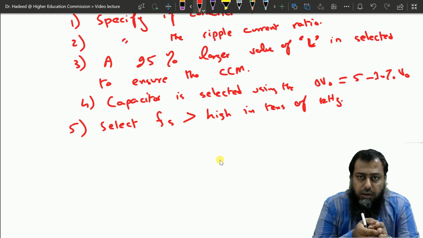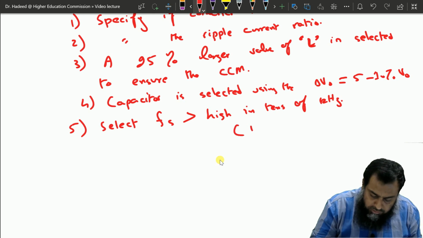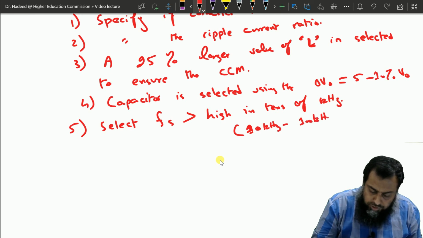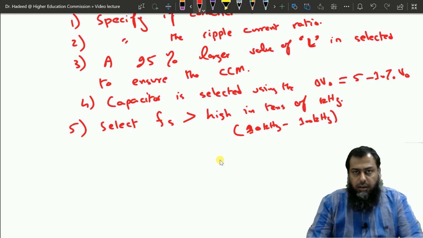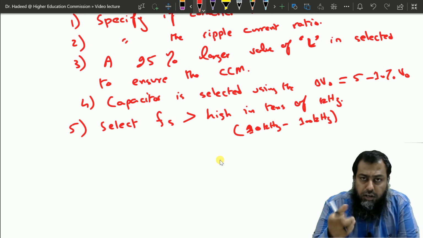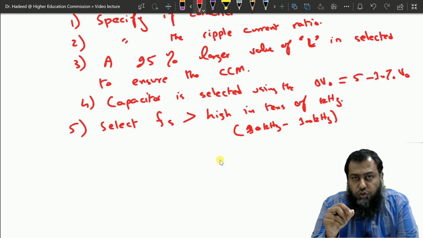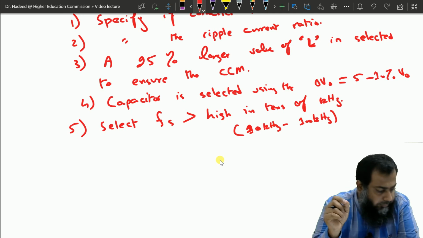So there is always a trade-off which is required. As a general rule, frequencies from 20 kilohertz to 100 kilohertz are used for switching these DC to DC converters. We avoid operating the switching converters in an audible frequency range to avoid the audible noise that appears through the choke of the inductive components.